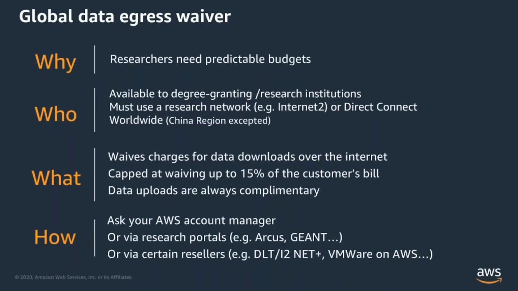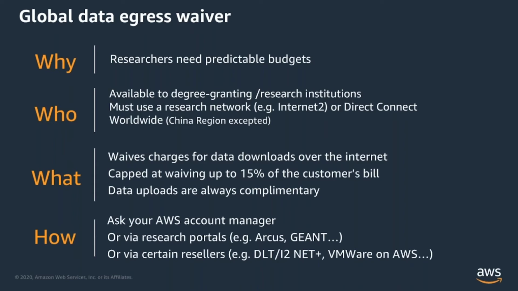In terms of data transfer, there is no cost to upload data into AWS, but there are fees associated with data transfer out of AWS to the internet. AWS is committed to making it easier for researchers to use cloud storage, computing, and database services.